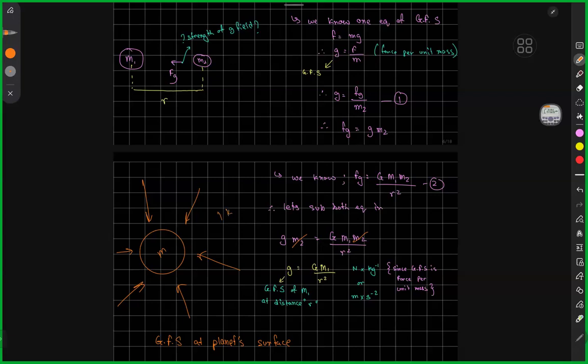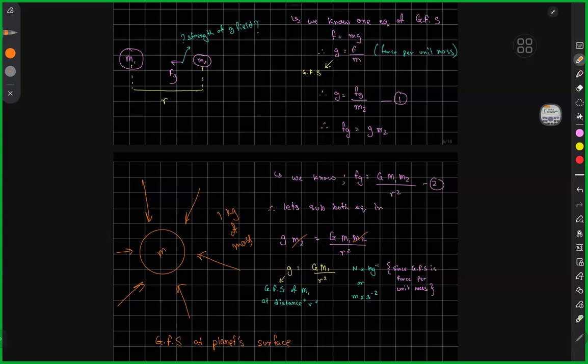So per unit of mass of any object brought into the vicinity of this large mass, what is the force on it? That is called the field strength. Force on 1 kg of object.